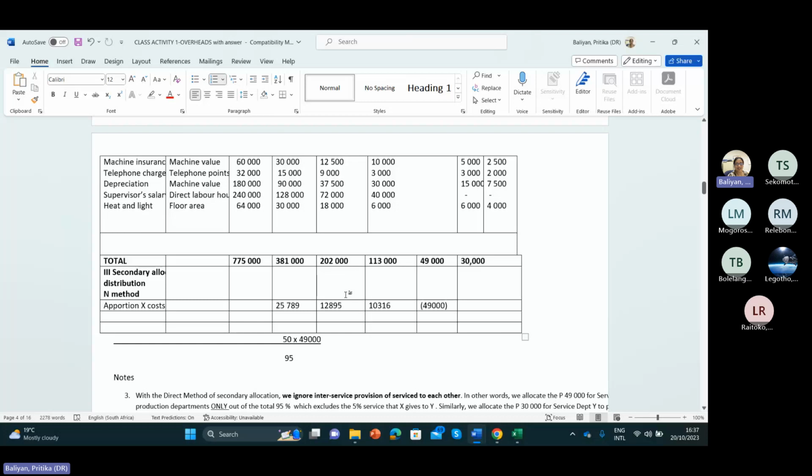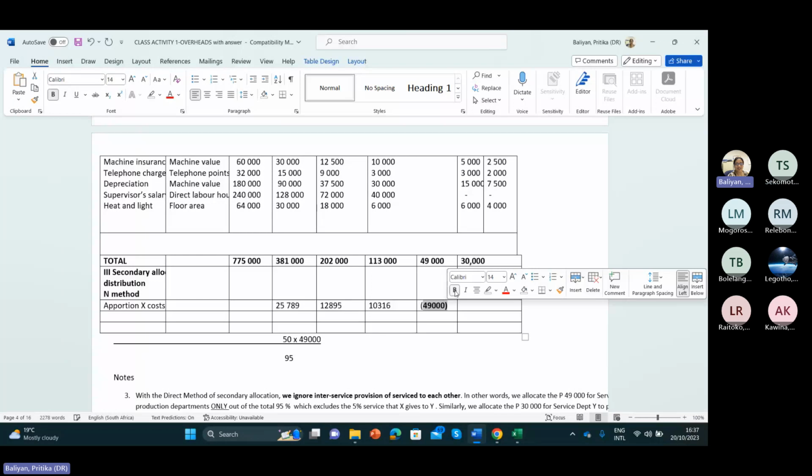Then for B, 25 over 95 times 49, like that. So all this 49 cost has been apportioned, or absorbed, by the ABC department. Now we are left with the cost of Y department.